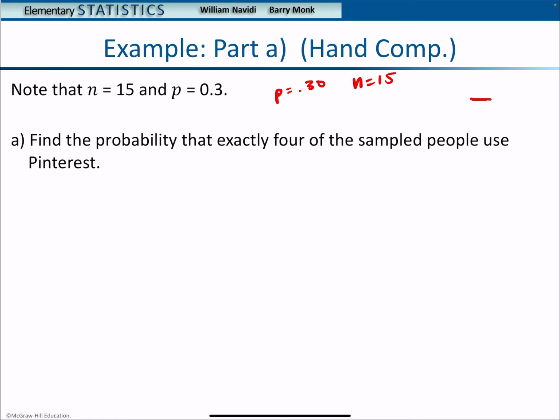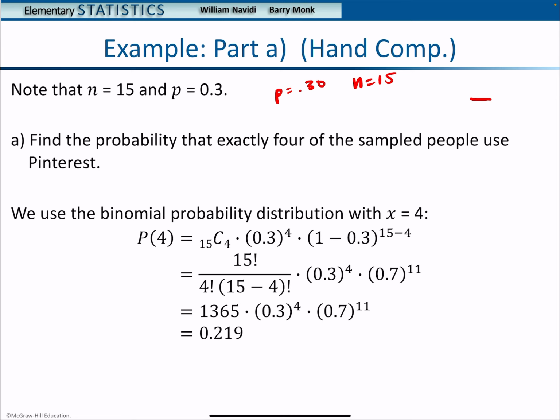So we're going to find the probability that exactly 4 of the sampled people use Pinterest. We're going to use the formula P of X is equal to combination N choose X times the probability of success raised to the X power times the probability of failure raised to the N minus X power.